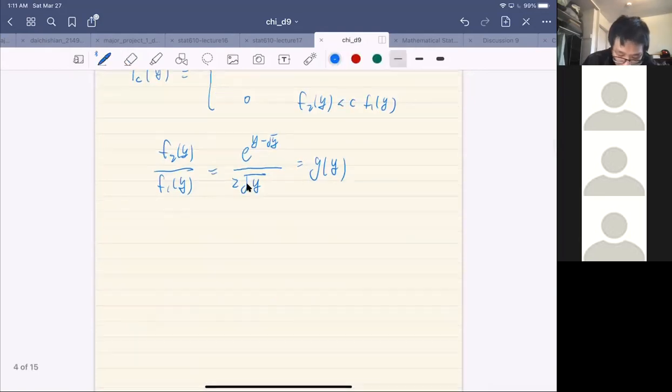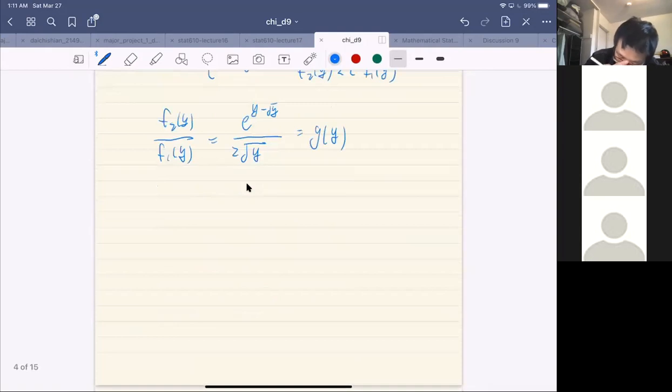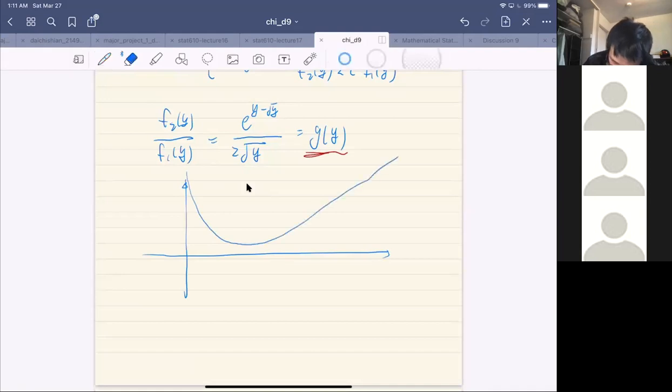But if we analyze this function more, we will recognize that g is a convex function. If g is a convex function, actually g will look like this. The convex function, and the global minimum is at 1.